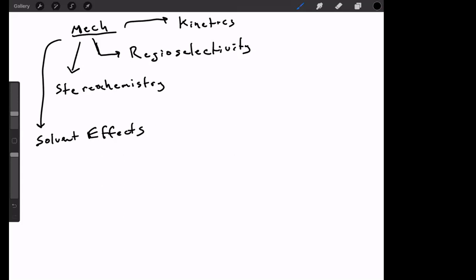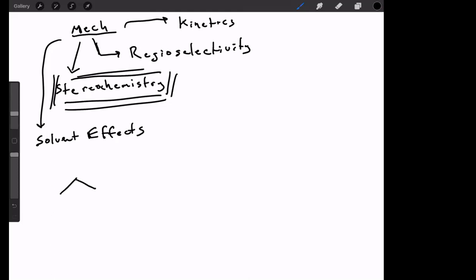All right. And so what we want to do first is I want to talk about stereochemistry first. So we're going to do an SN2 reaction. And what I want to know is what's the stereochemical outcome of the reaction.